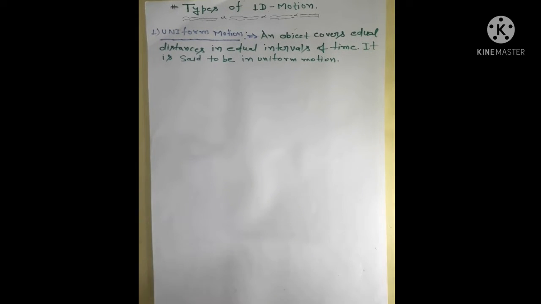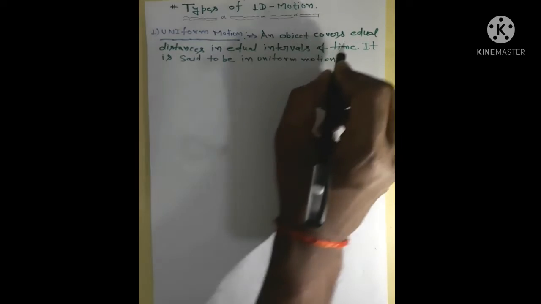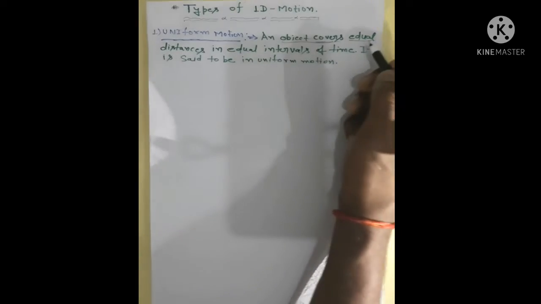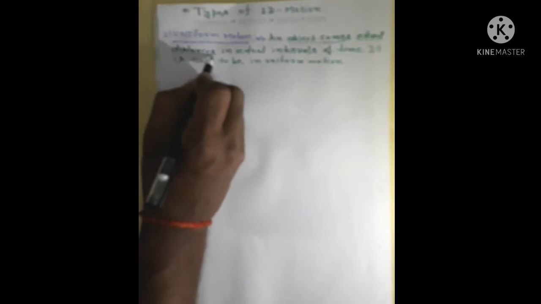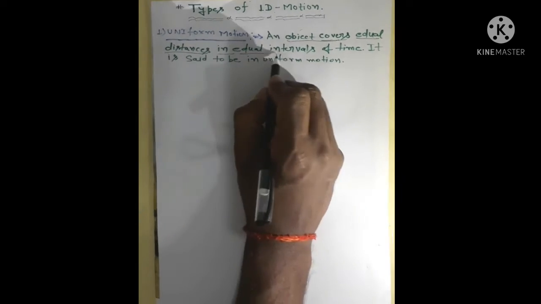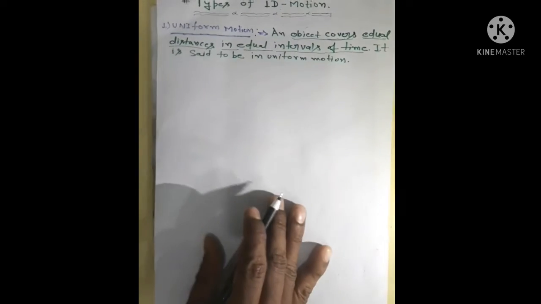It means that an object covers equal distances in equal intervals of time. It is said to be uniform motion.